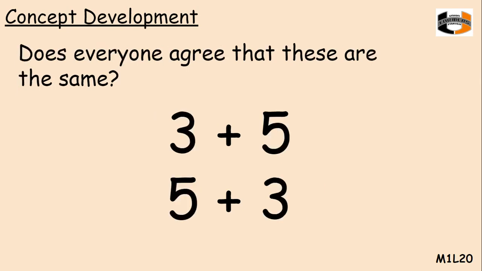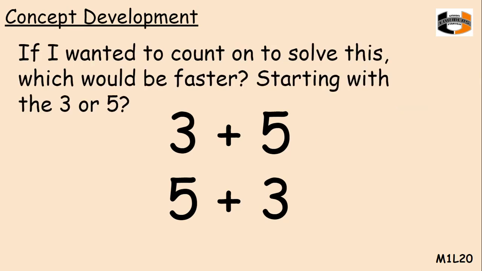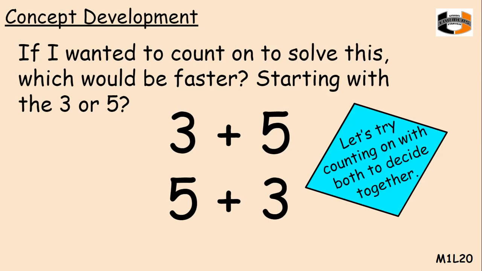Does everyone agree that these are the same? 3 plus 5 and 5 plus 3? Right. If I wanted to count on to solve this, which would be faster, starting with the 3 or the 5? Let's try counting on with both to decide together.